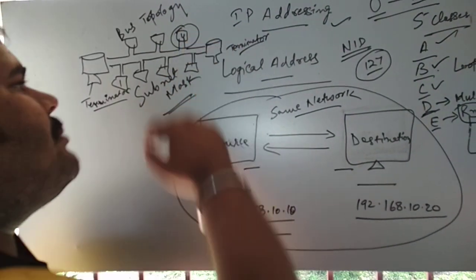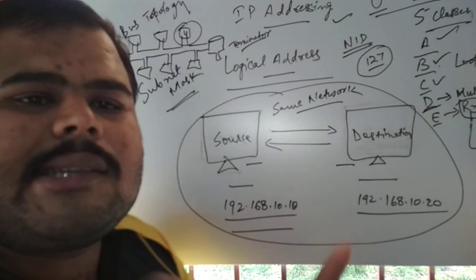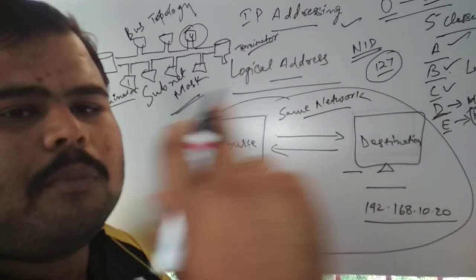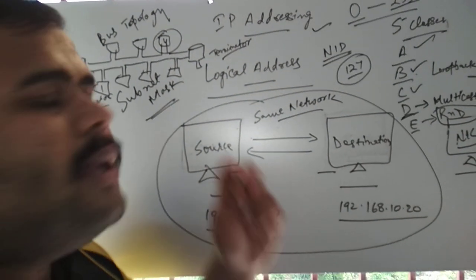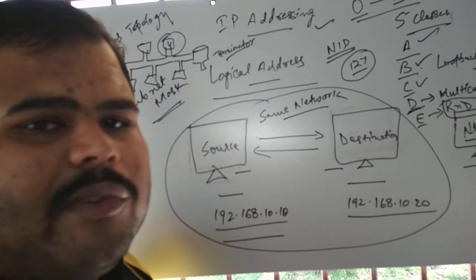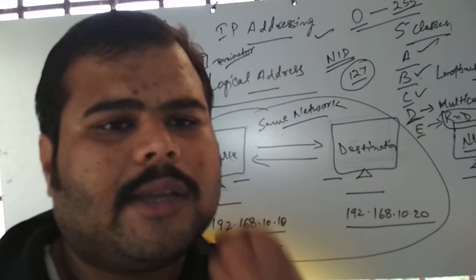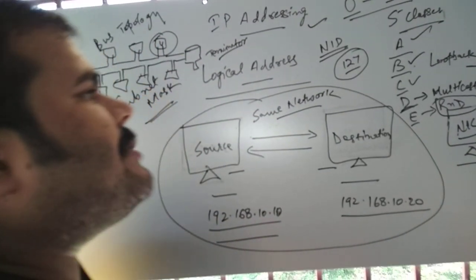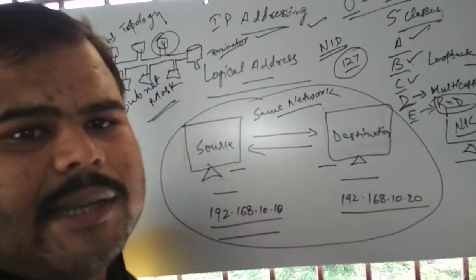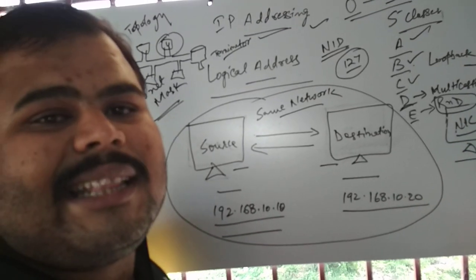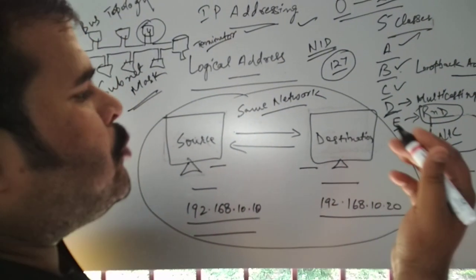Until PC4 is switched on, the data is transmitted between both terminators, so that once PC4 is on, the data will be communicated there. How does the communication take place? It takes place with the help of the IP address, because without the IP address you cannot make any kind of communication between source and destination.